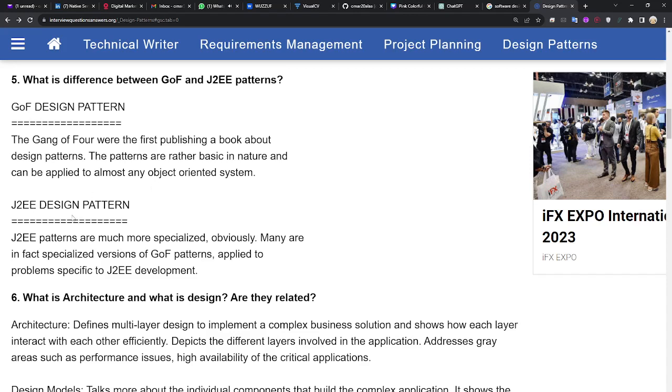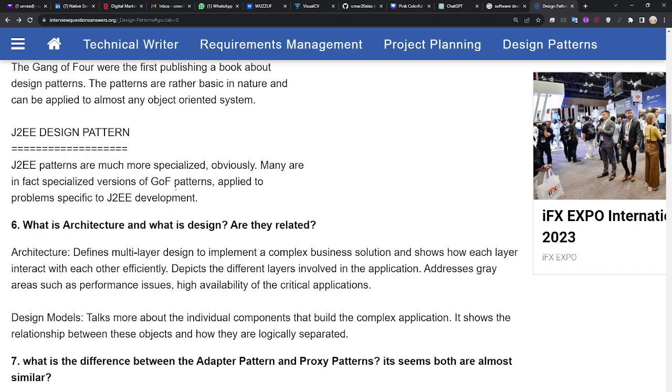The J2EE design patterns are much more specialized. Many are in fact specialized versions of Gang of Four patterns applied to problems specific to J2EE development.